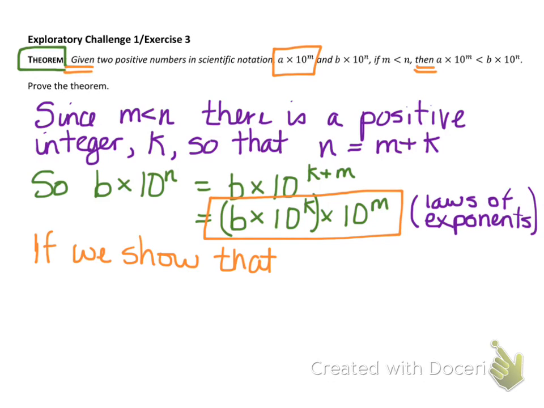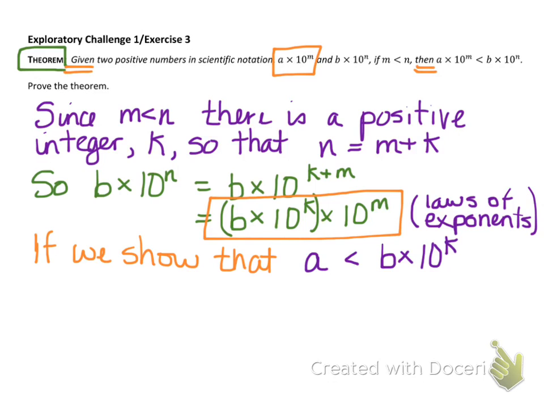All right, so if we can show that a is less than b times 10 to the k, so here's a, and here's b times 10 to the k, because they both have times 10 to the m on them. I know that's all I need to compare.